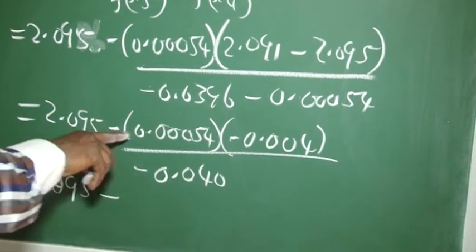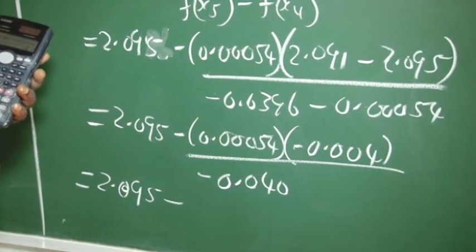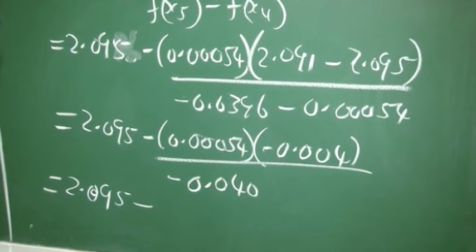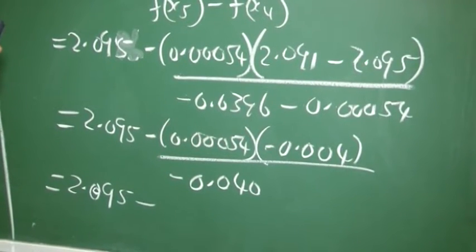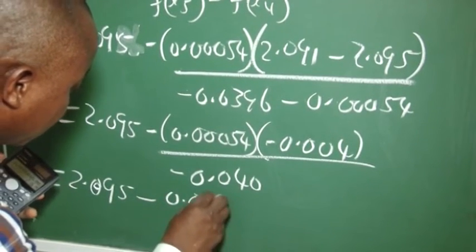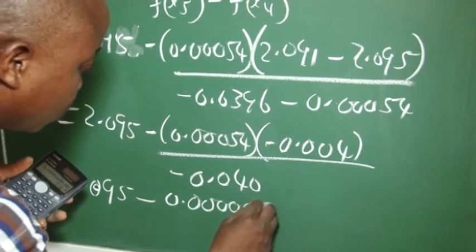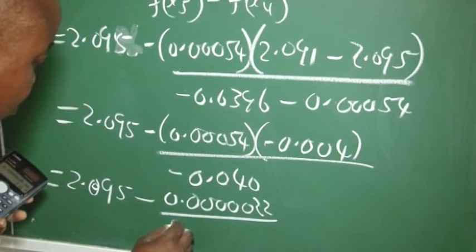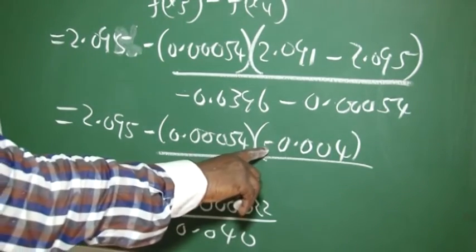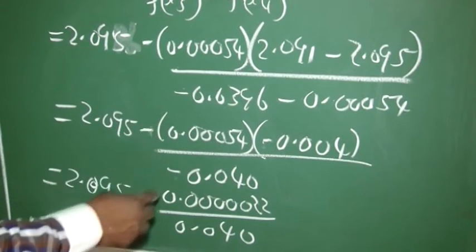Alright. So 2.095 minus, we will compute this. We have 0.00054 times 0.004. This gives us 0.0000222 over 0.040. Now this minus plus this time, this minus is plus, then this one divided. That's how we have the negative.